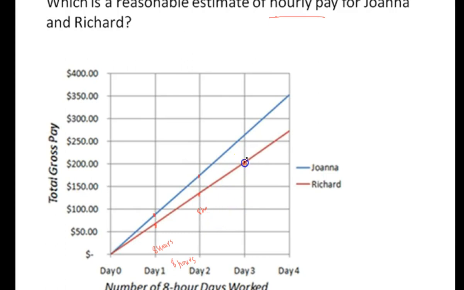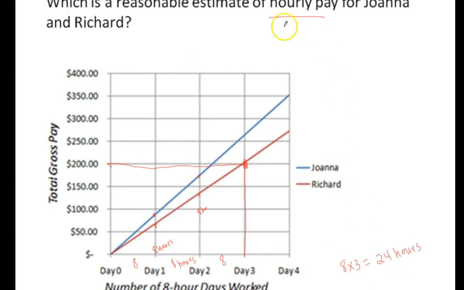So about here for Richard, notice it crosses right through an intersection. So for 3 days of work, he makes $200. Well, how many hours would that be? If this is 8 hours, and this is 8 hours, and this is 8 hours, 8 times 3 is 24 hours.